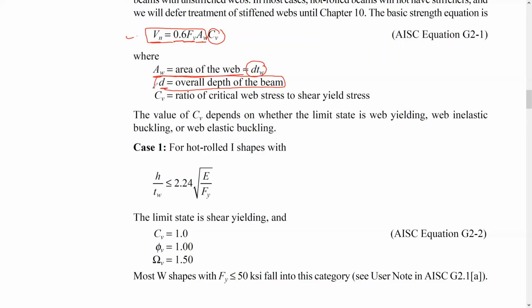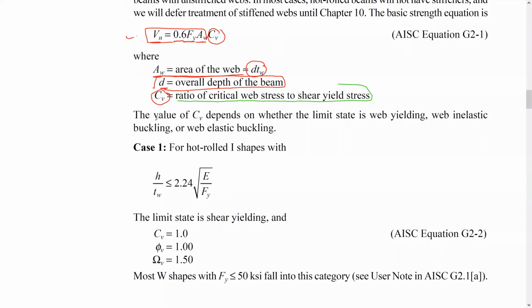C sub V, which is very important here, is the ratio of the critical web stress to the shear yield stress. I just want to tell you that from table 3.2 we can get the shear directly, but I have to teach you how to get that through the equations.